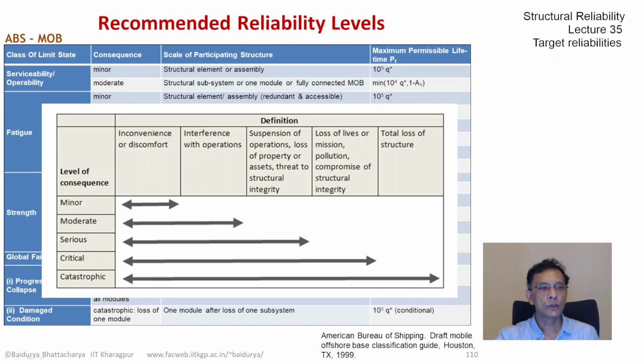So the first 2, the minor and moderate, are mostly of a serviceability type, so inconvenience and interference with operations, and then we have the more serious safety class 1 type situations, which is serious and critical, which is loss of property, threat to structural integrity, and then pollution, and in fact compromise of structural integrity. And then the total loss of structure is the catastrophic level of consequence.